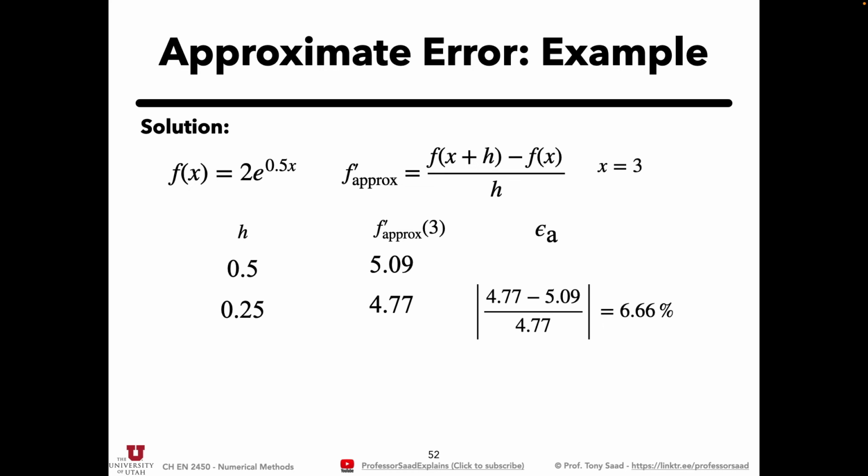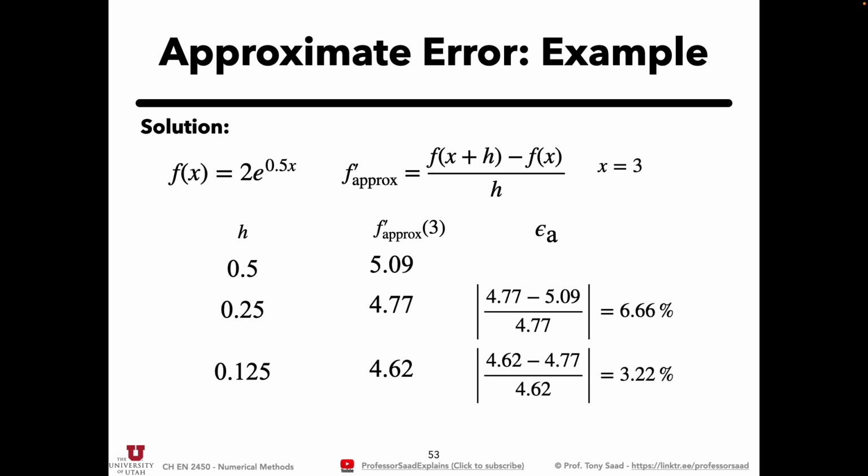For h equals 0.25, you plug in the numbers, you get f prime approximate at 3, 4.77. Then you take the difference: 4.77 minus 5.09 over 4.77, and you get 6.66%. That number is complete coincidence, by the way.